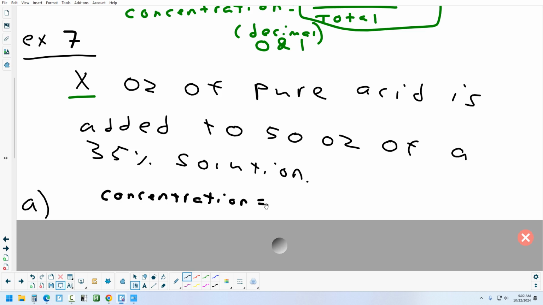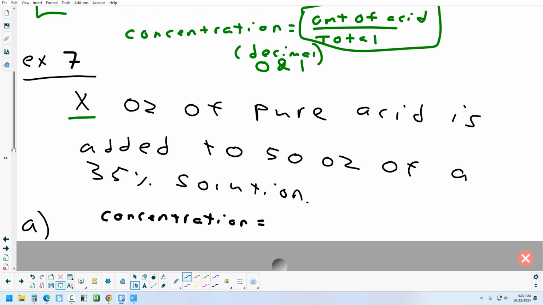Okay, so for the concentration, what do you put in the top for this problem? The amount of acid. There's two different sources for that. There's how much acid you started with, and then there's how much you're pouring in. How much acid did we start with already in the mixture? 50 ounces.